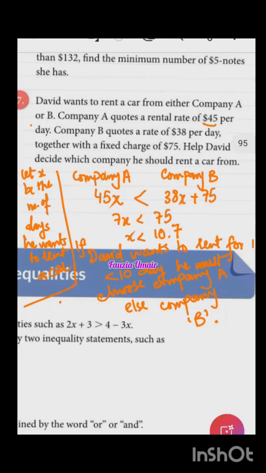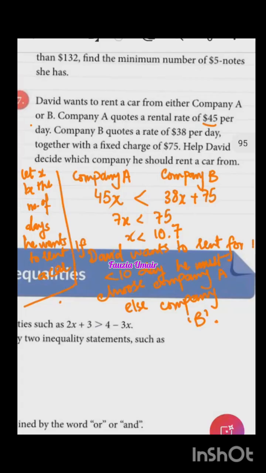Now the problem is, although company A is charging more for a day, that company is not asking for any fixed amount. They are charging $45 per day. So if he wants to rent for 2 days, for example, then definitely company A is a better choice, because there is no fixed deposit.